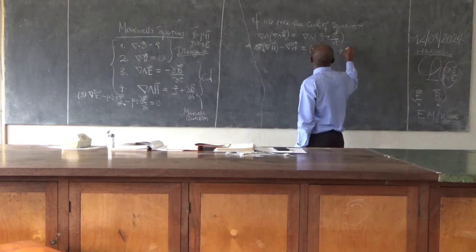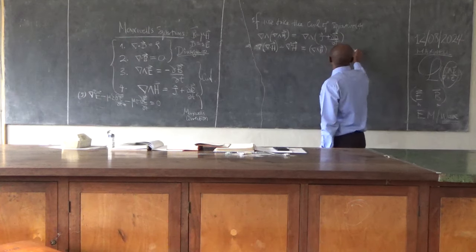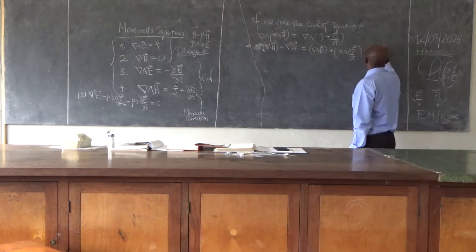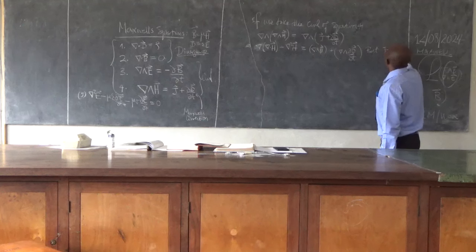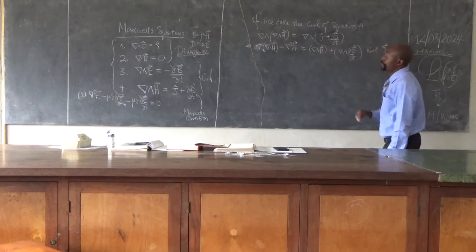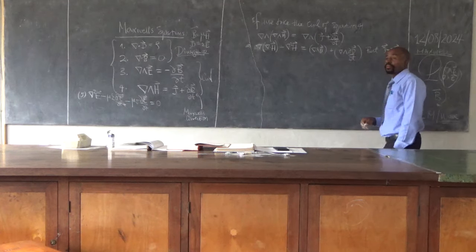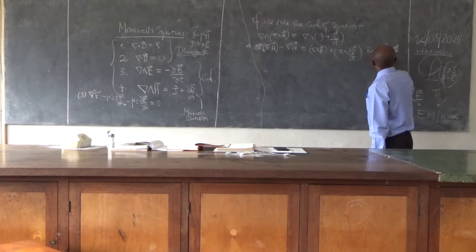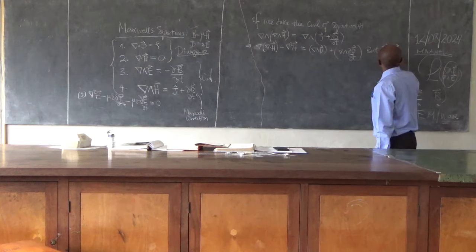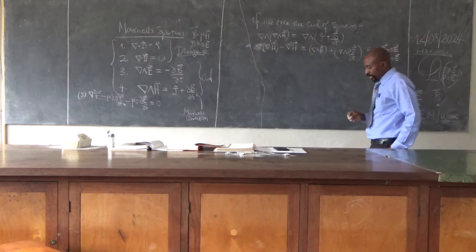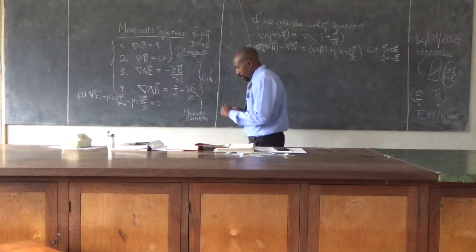Plus the curl of ∂D by ∂t, but J equals to σE, the microscopic form of Ohm's law, and D is equal to εE from the polarization of matter.